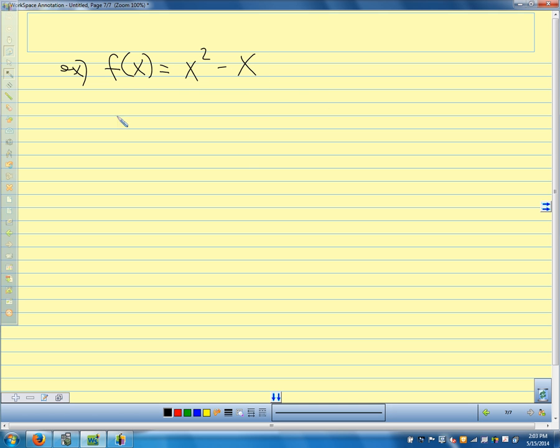We want to evaluate the limit as h approaches 0 of f of 1 plus h minus f of 1, over h. And what we're looking at, this is called the difference quotient.